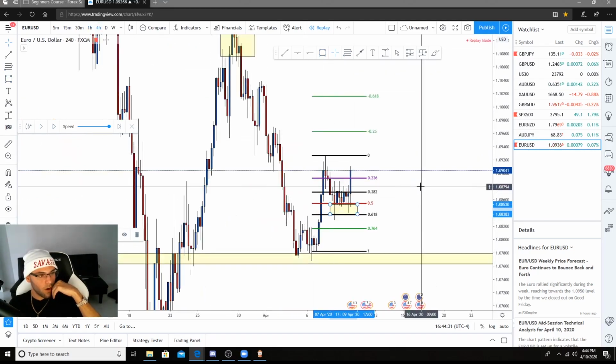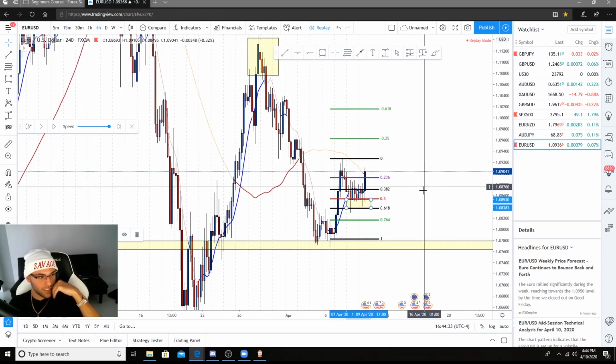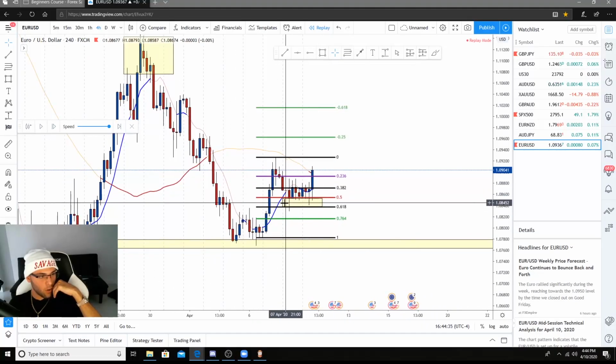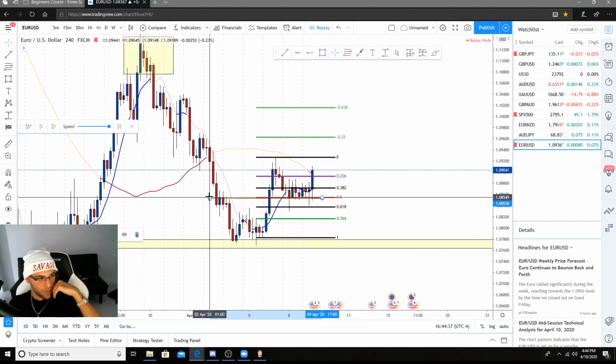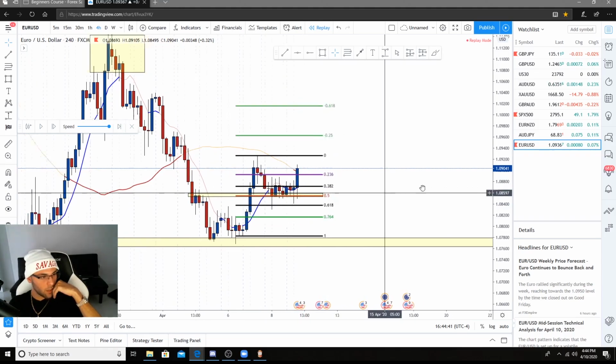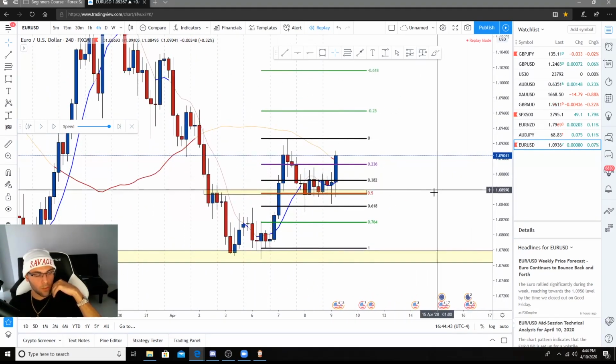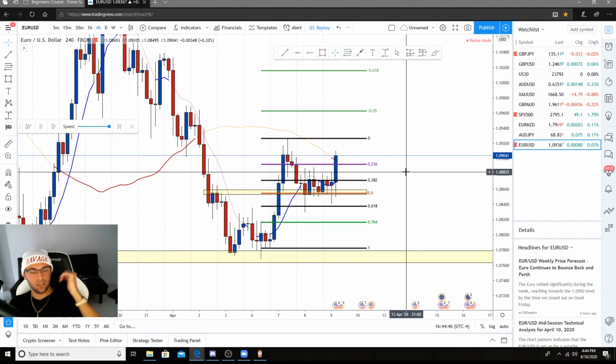Now let's go to the 4-hour and see what we see here. Our golden zone also aligns with this form of resistance right here.